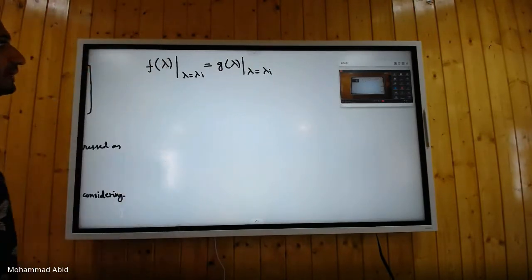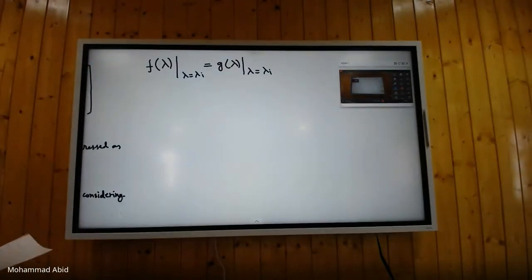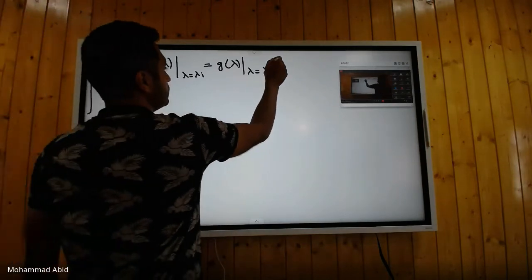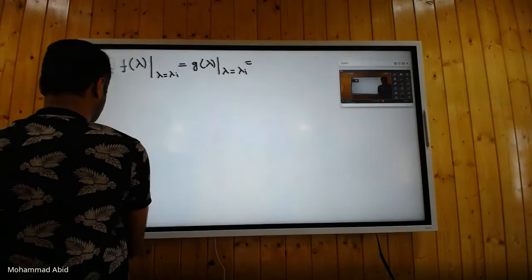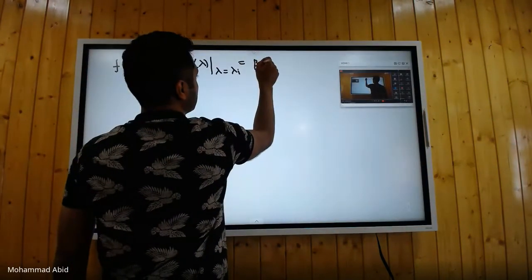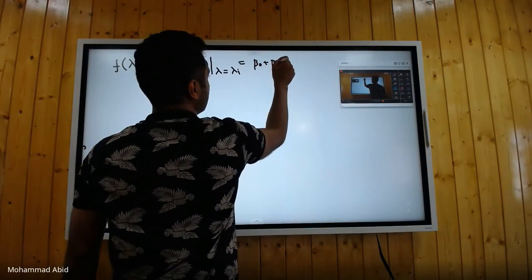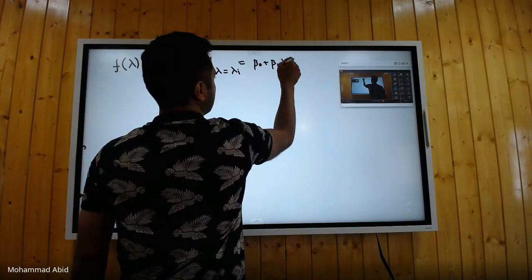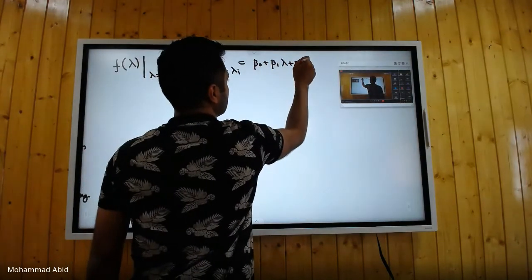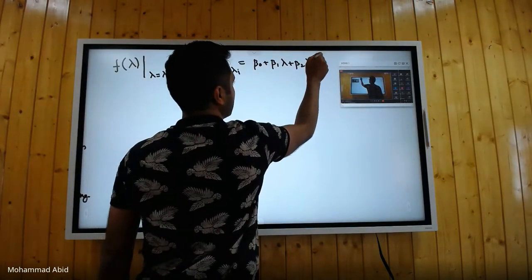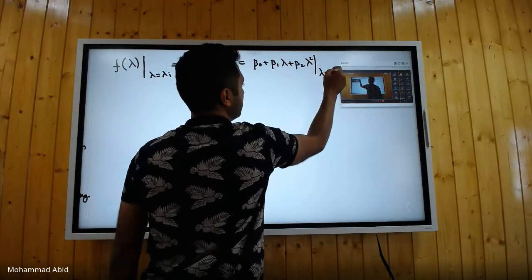They are the eigenvalues of A. Okay, and this is equal to what? Beta naught plus beta 1 lambda plus beta 2 lambda square, evaluated at lambda equal to lambda i.